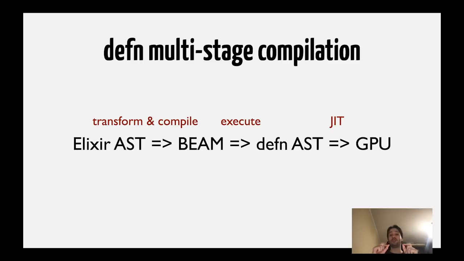And this allows us to do something really, really cool, which is the following. When you call a defn, you are giving it a tensor that has a certain type and a certain shape. So when we compile to the GPU, what we do is that we get the shape of the tensor, we get the type of the tensor, so we know if it's a three-dimensional tensor, we know if it's a tensor of integers or a tensor of floats, we know those properties, and then we are going to compile to the GPU something specialized to the tensor that you are passing as argument.